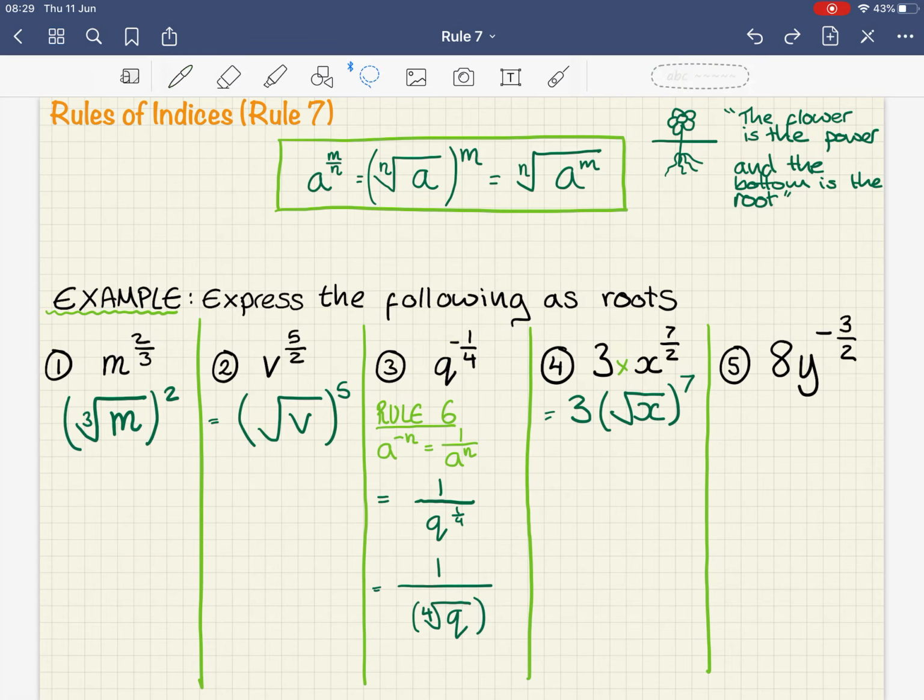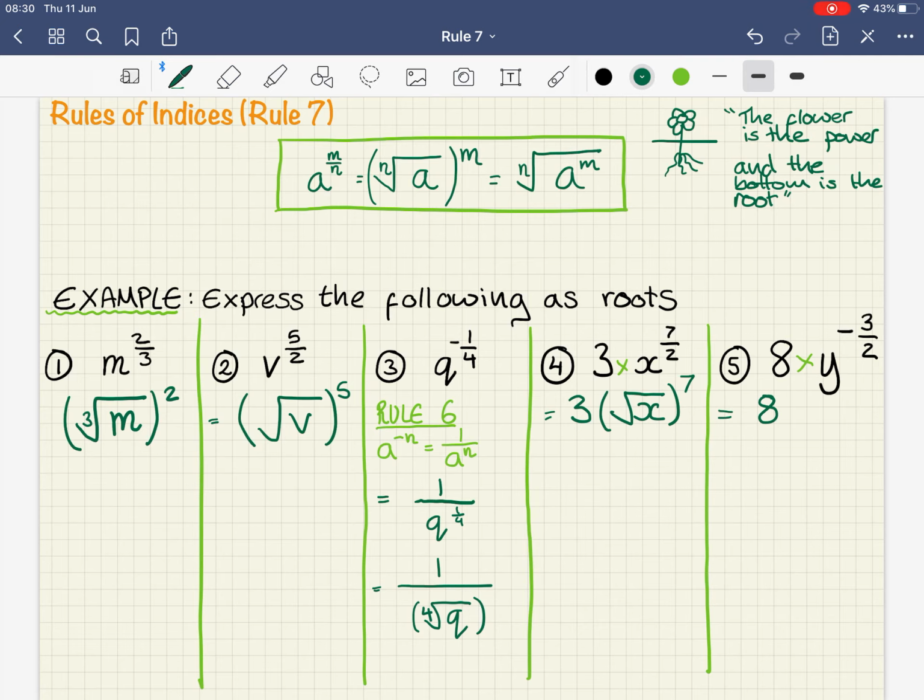Okay, same again. I've got 8y to the power of -3/2. So remember, keep in mind that those are actually multiplied together. So I'm going to deal with it the exact same way. So the 8 is going to be left unaffected.